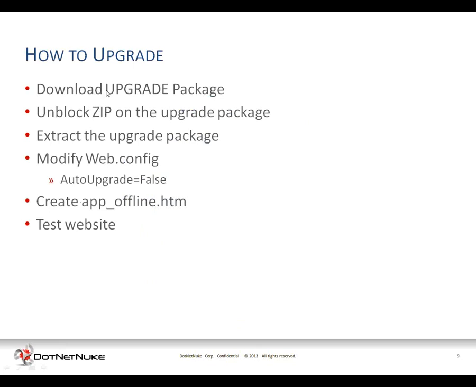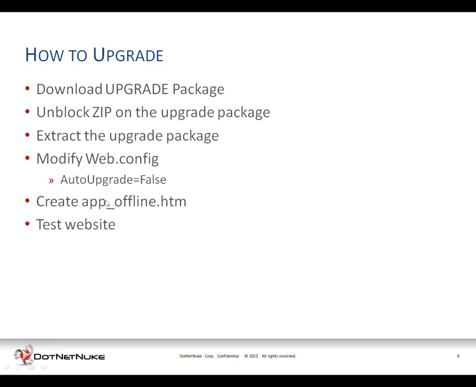We've downloaded the upgrade package, we've unblocked the zip, and we have extracted the upgrade. Next steps we want to perform, we want to modify the web.config file. And really what we're doing here is we're going to tell DotNetNuke to not automatically fire off our upgrade. Now, we'll talk about that and why that's important when we go through the rest of the upgrade process.